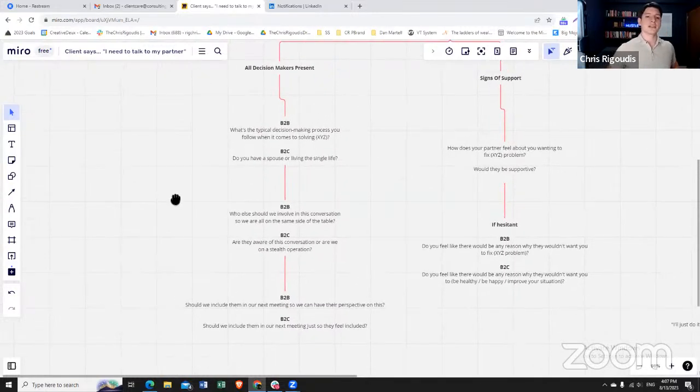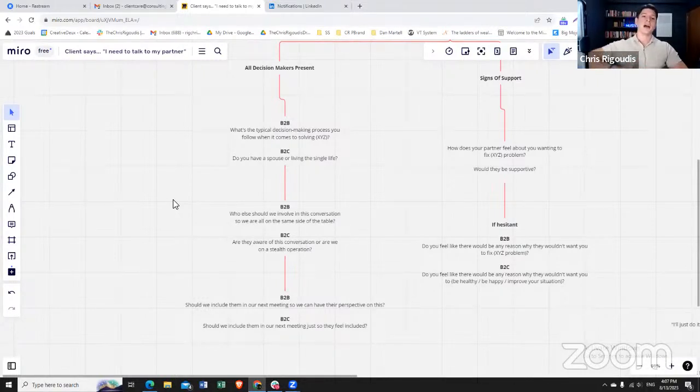Let's look at the B2C scenario. I want to be very careful with this, because we don't know each person's relationship, each couple's situation, whatever they have going on. So I want to be very careful how I'm handling it.